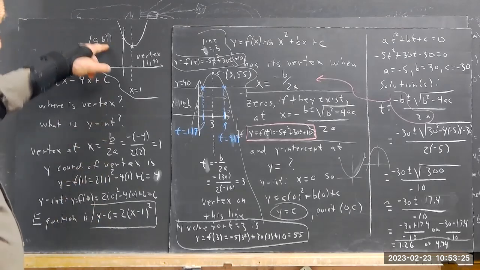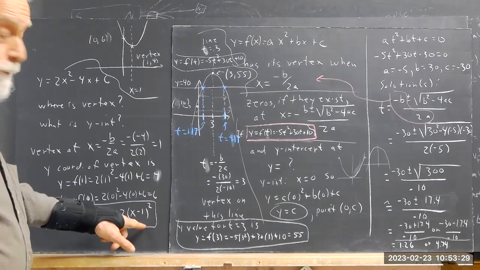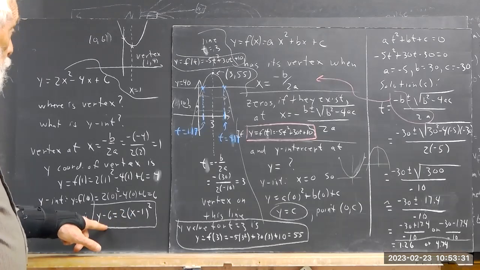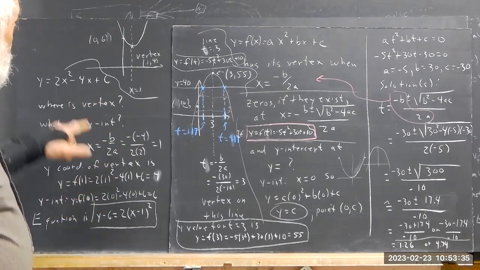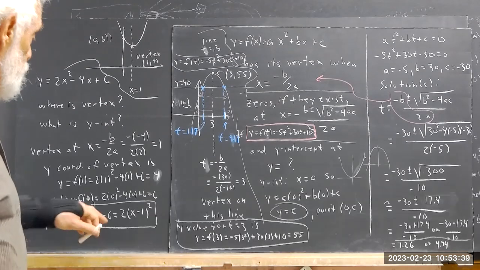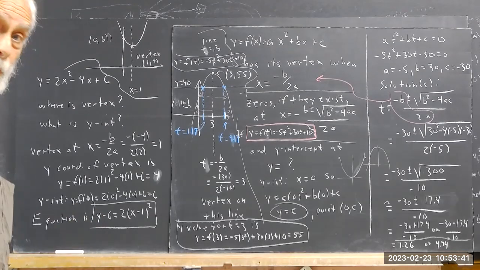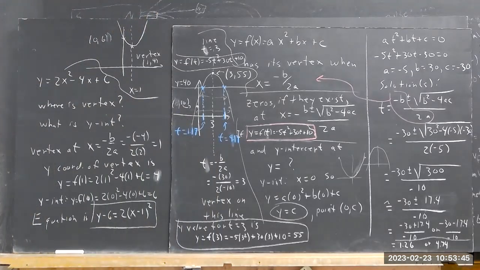The 6 is this, and the 1 is this. If you expand this and multiply it out, you're going to get this. Solve for y, you're going to get this. Okay. It's called the vertex form. You'll read about that, and you're going to need that for your homework.